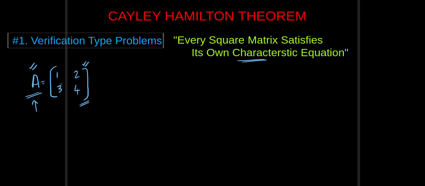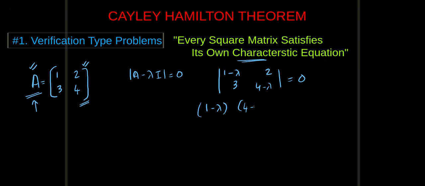Anyway, method 1, determinant of A minus lambda I equal to 0, and that will be determinant 1 minus lambda, 2, 3, 4 minus lambda equal to 0, and that gives me (1 minus lambda) into (4 minus lambda) minus 6 is equal to 0.